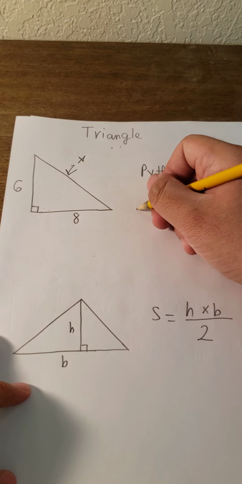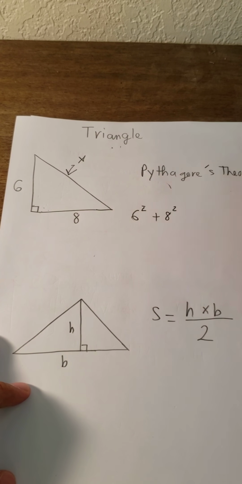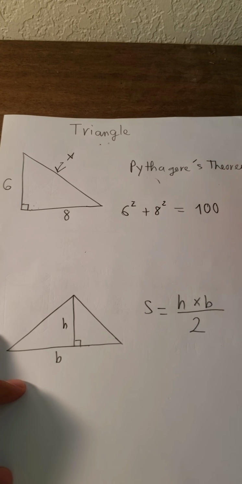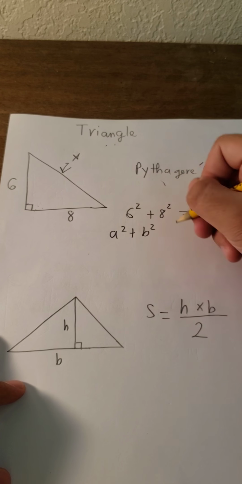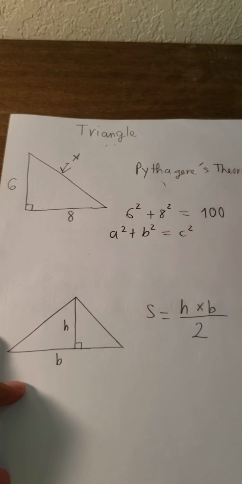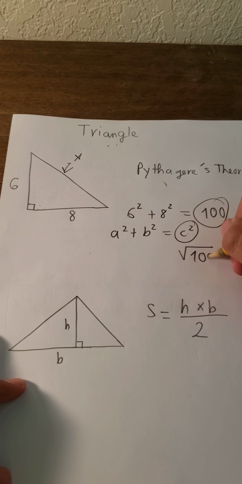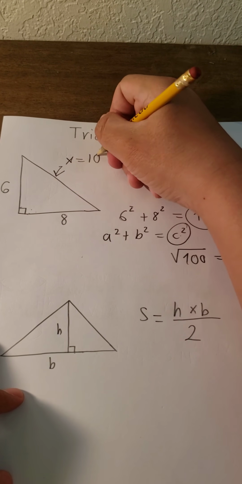So that's 6 to the power 2 plus 8 to the power 2. We got 100. But we know that the formula of Pythagoras should be like this. So in here, to calculate the C, we need to take the square root of 100 to get 10. So that we have C is equal to 10.